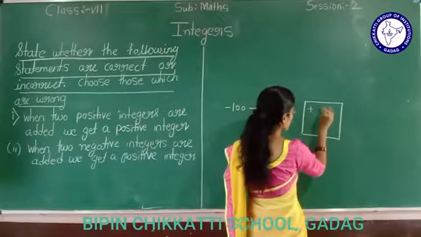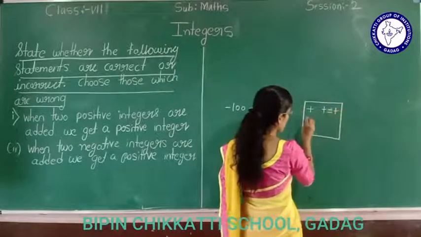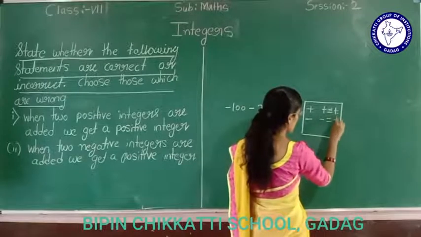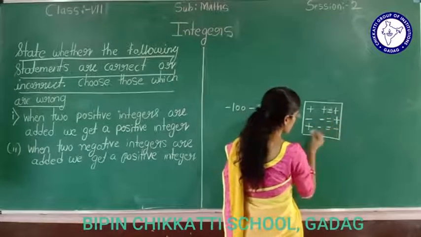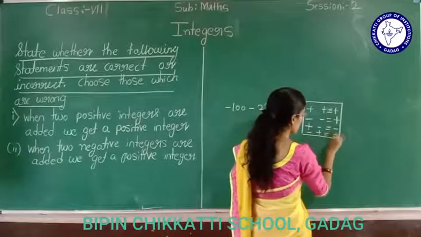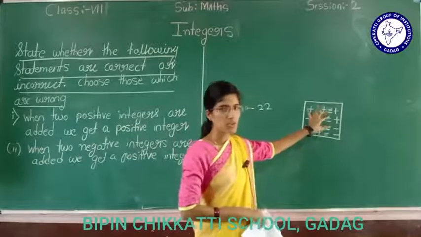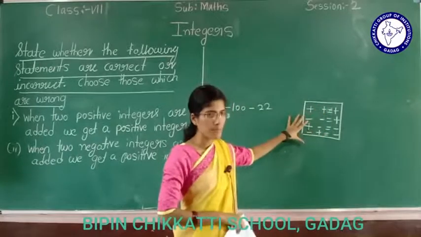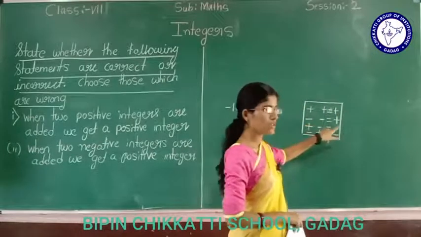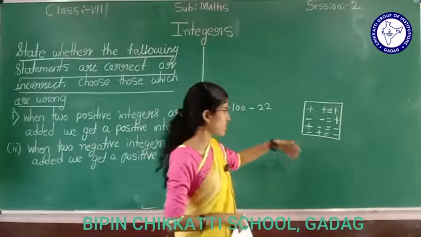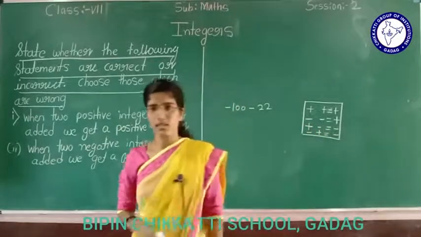Plus with plus is plus, minus with minus is plus, plus minus is minus, minus plus is minus. It may be addition or subtraction in the middle, don't worry about that sign.